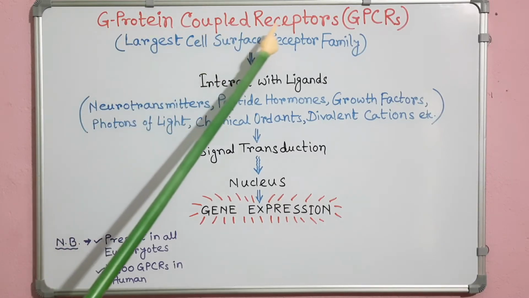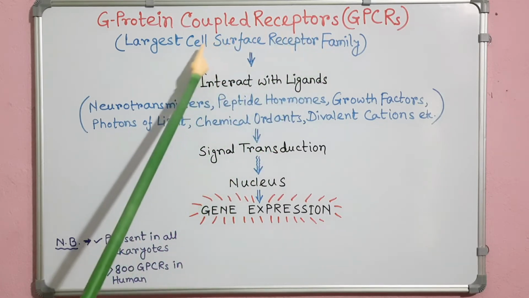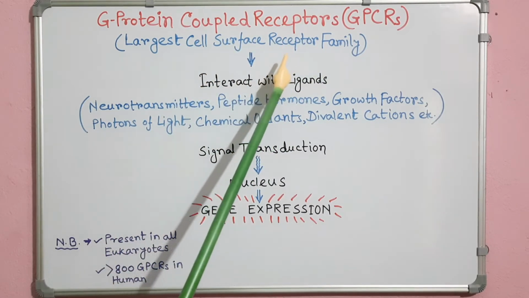G protein coupled receptors or GPCRs form the largest family of cell surface receptors.